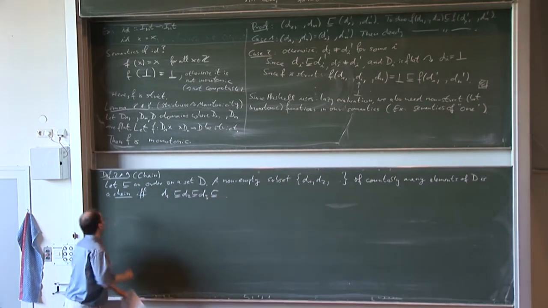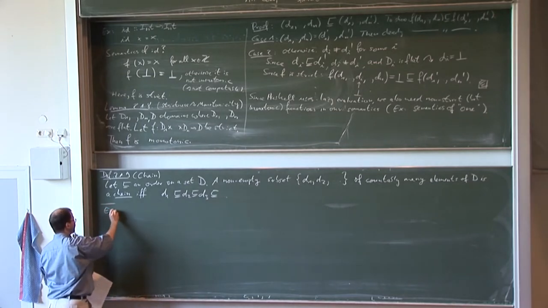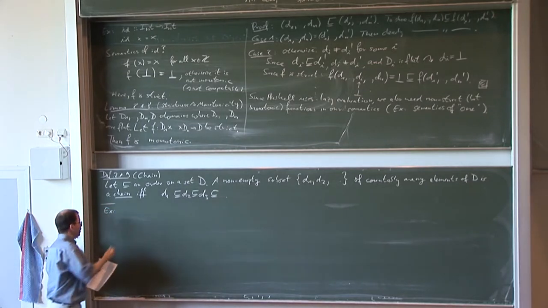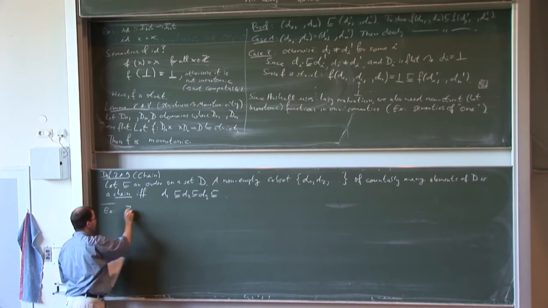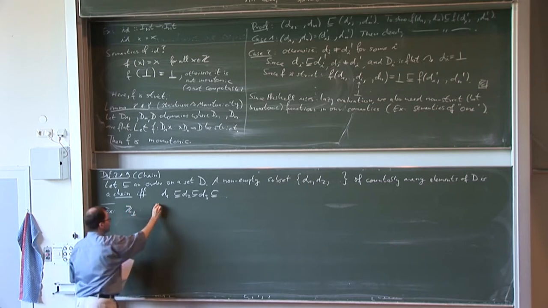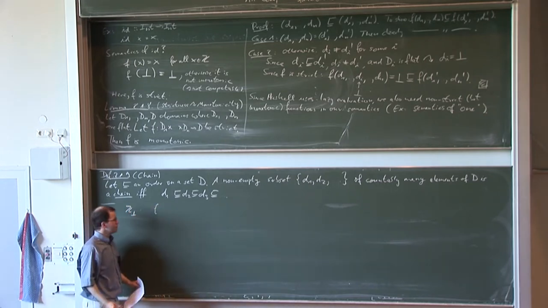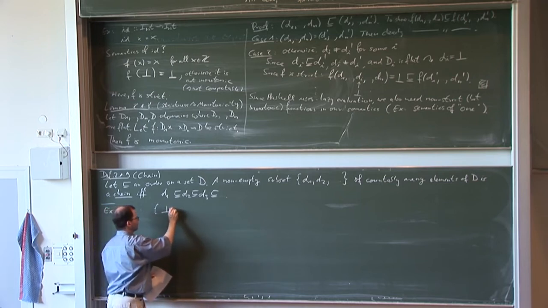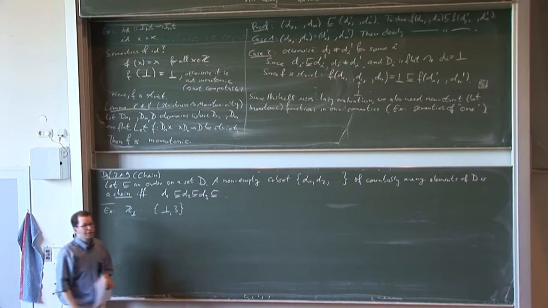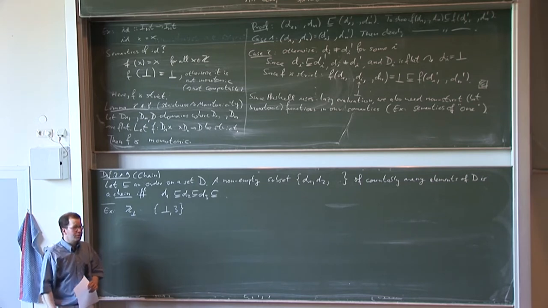Okay, now some examples. Now if we look at, say, Z bottom, then we might have the following chains. So an example for a chain is this. Because you can order the elements, bottom is less than or equal to 3.